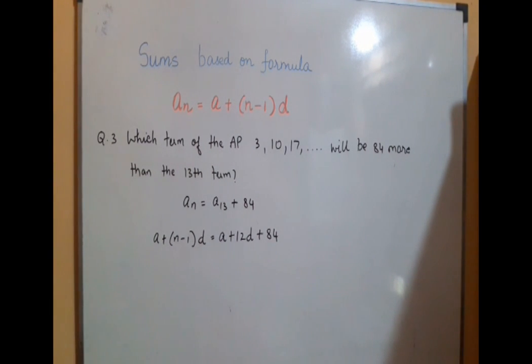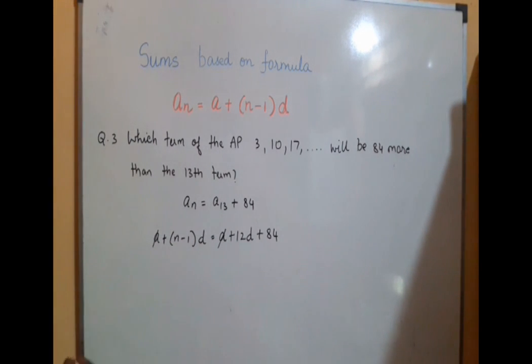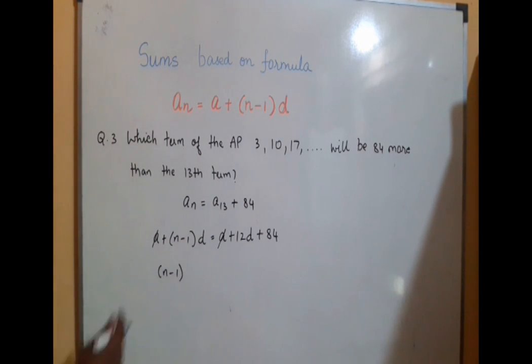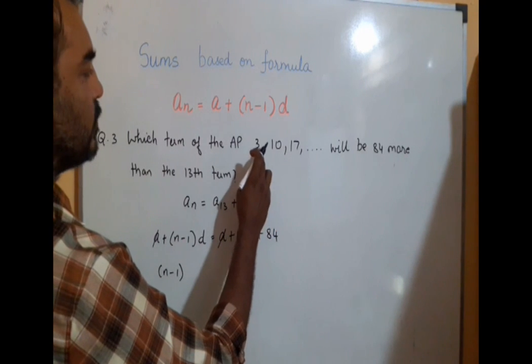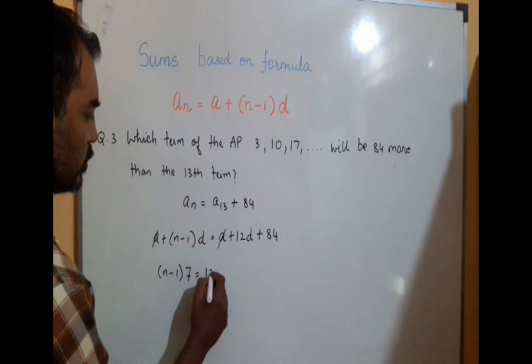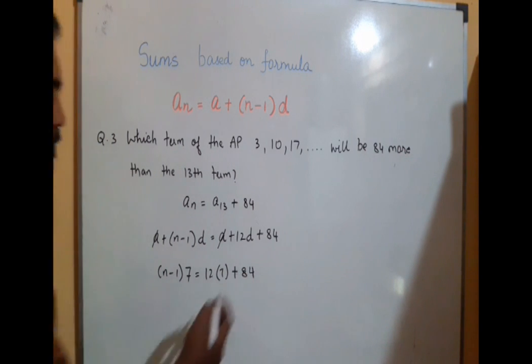Now what can you observe on both sides? This a is the same, so we cut it off and we are left with n minus 1 d. What is d of the sequence? 10 minus 3, that is 7, equal to 12 d is 7, plus 84.